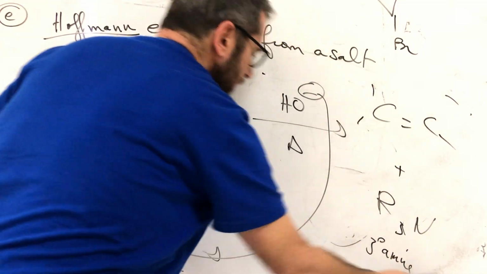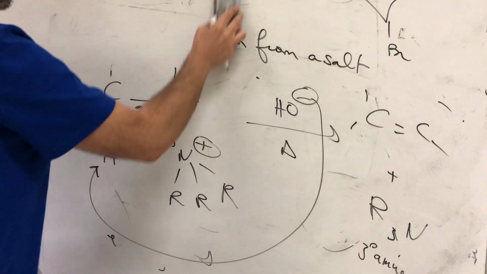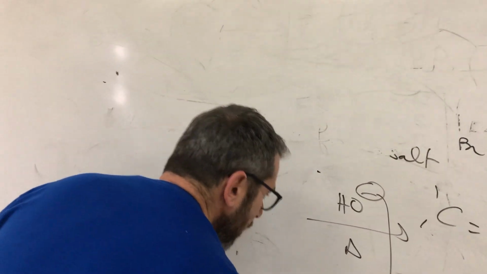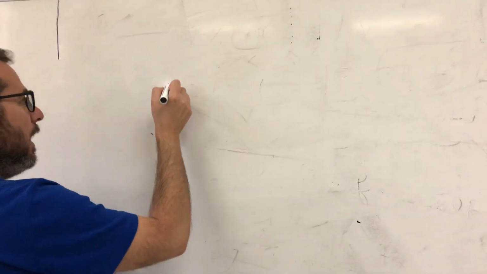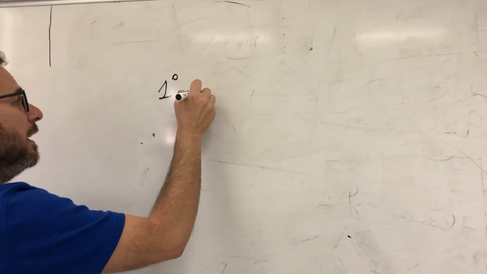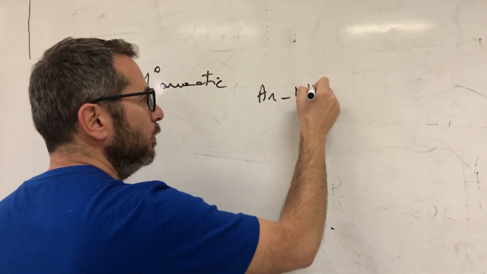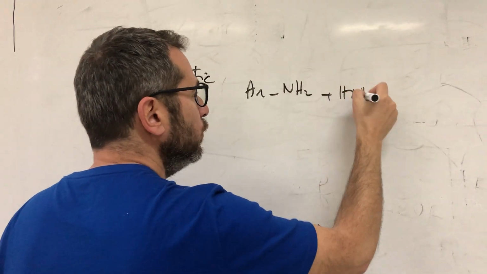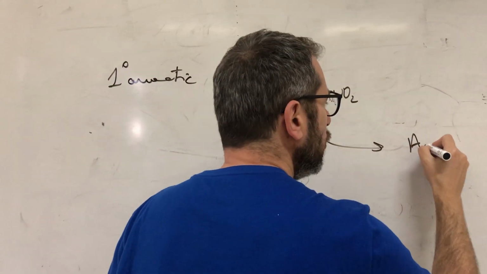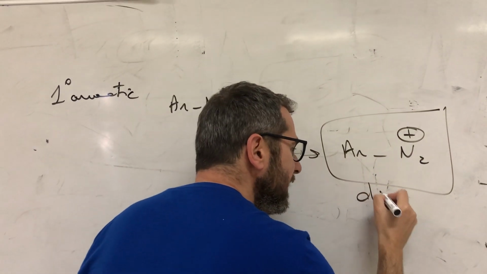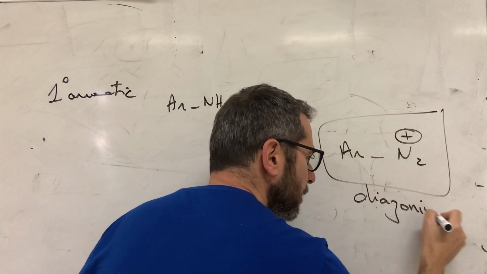Last reaction, pay attention, this is very important: addition of nitrous acid, HNO2. If you have a primary aromatic amine, aromatic NH2, and you add HNO2, you will obtain aromatic N2+, which is the diazonium salt, which is stable on aromatic.